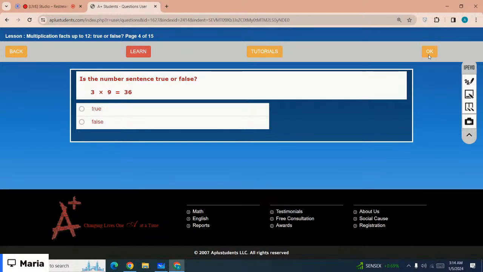Because 3 times 9 is 27, not 36. You can just wait, read the question carefully, and then answer, right? No hurries. 3 times 9 equal 36. That is false. When you count a table of 3 until 9, the answer is 27, and 27 is not equal to 36. So that is false.